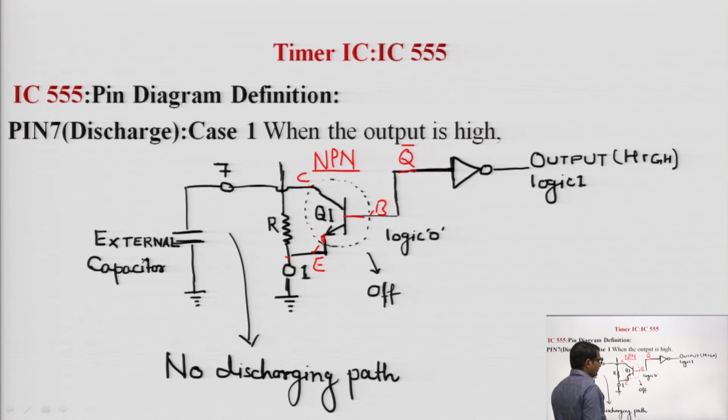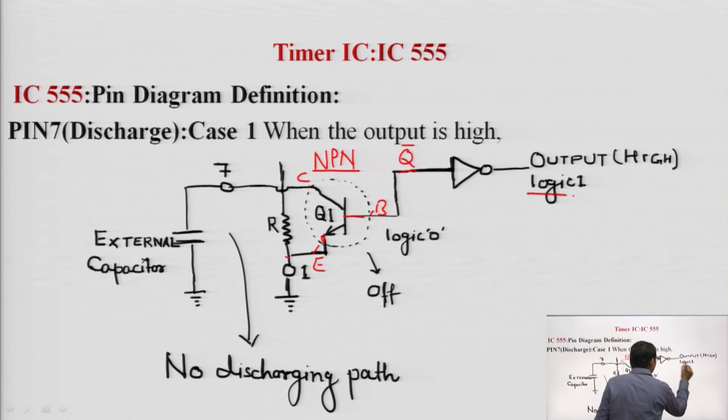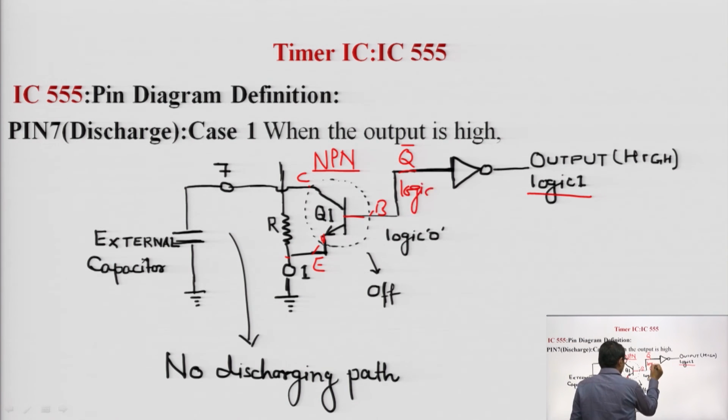Case 1: when the output is high, meaning logic 1, then Q bar is definitely logic 0.